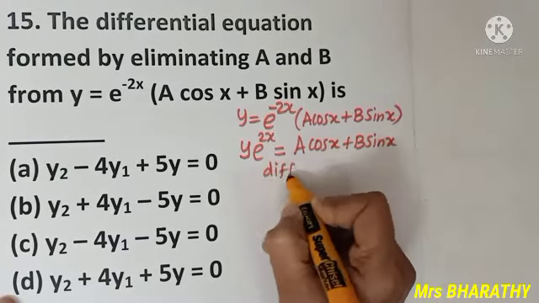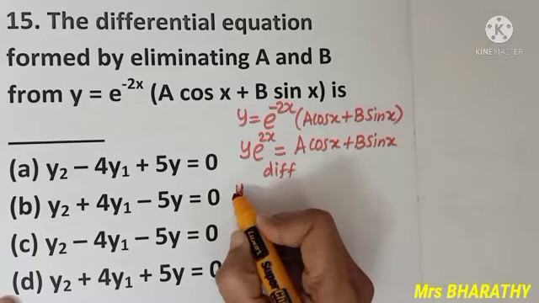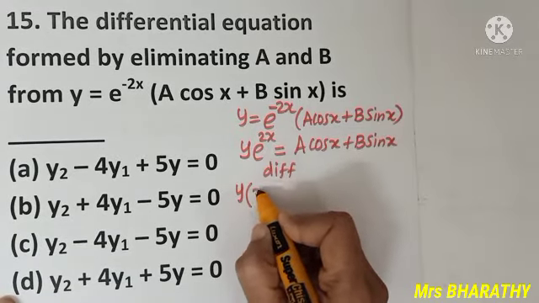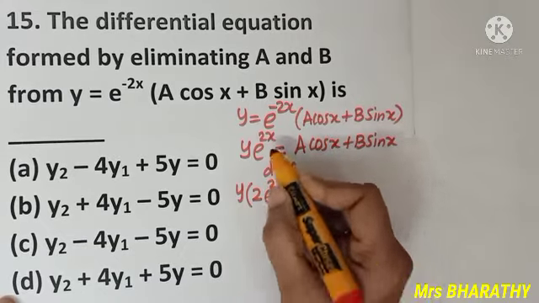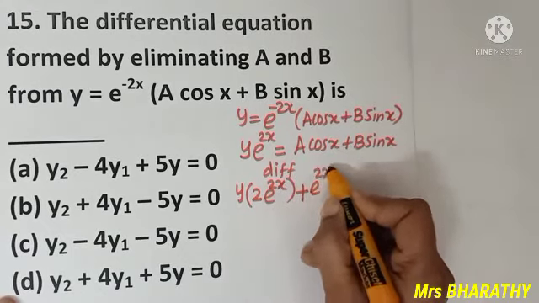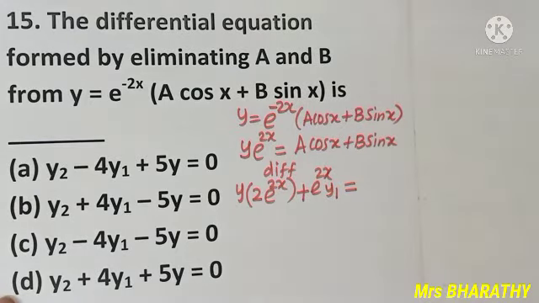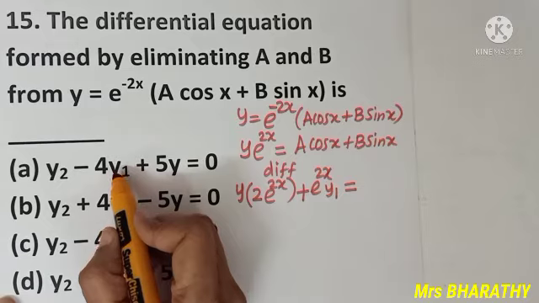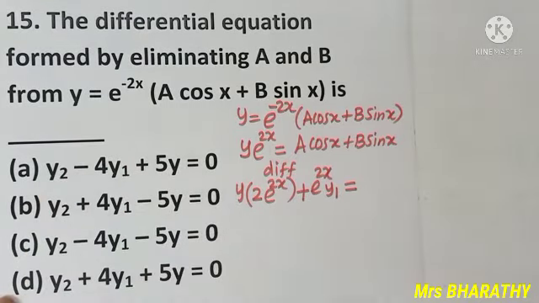As I differentiate, LHS, y keep as it is, e power 2x will become 2 e power 2x, plus keep e power 2x as it is, y will become y1. What have I done? They have given y1, y2 in my options. y1 tells me first derivative, y2 tells me second derivative.